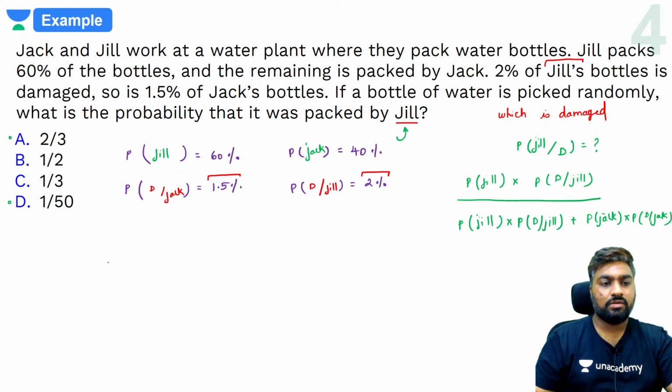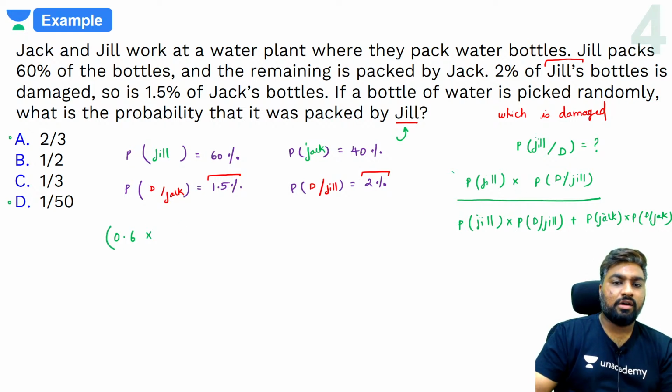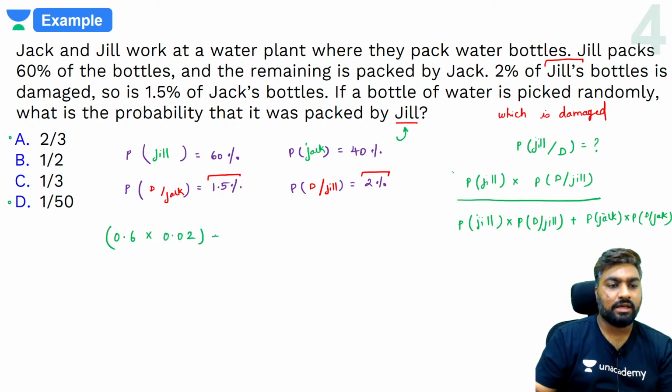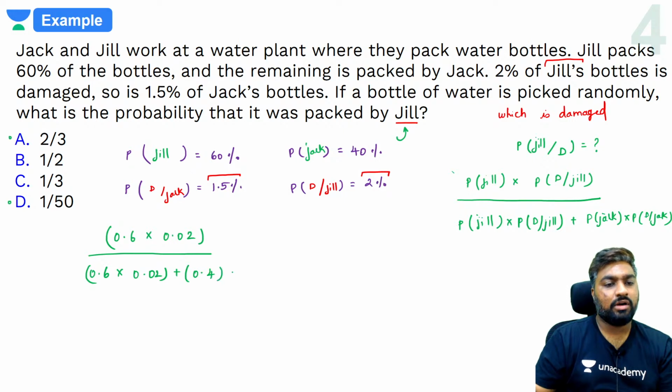So just substitute the values. What will this become? I'm doing this calculation here. So probability of Jill is what? 60%, 0.6 into probability of damaged when Jill fills it, which is 2%, that is 0.02. Don't make mistakes in the calculation. Okay, this divided by, what will be below? Same probability: probability of Jill filling a bottle into probability of damage when Jill has filled, or probability of Jack filling a bottle into probability of damage when Jack filled it, which is 1.5%, that is 0.015. Okay?